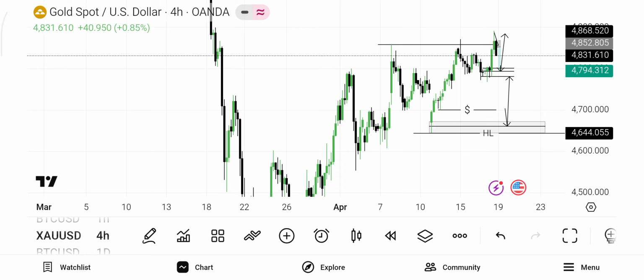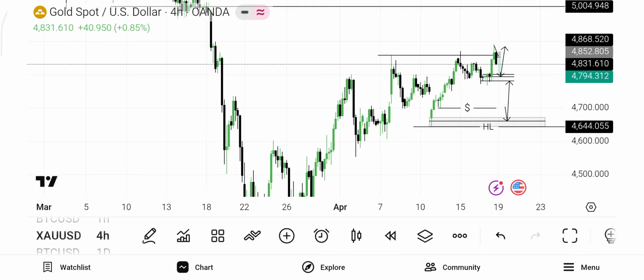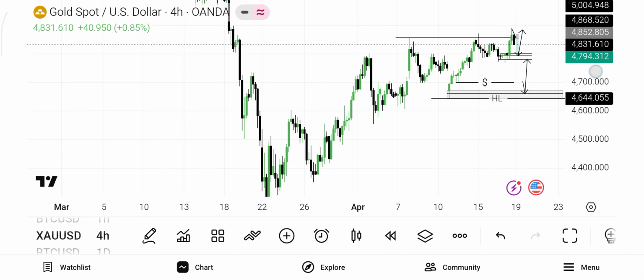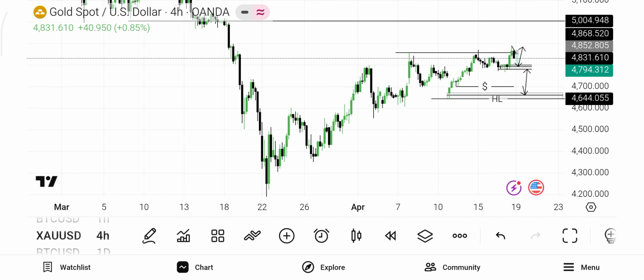I'm just using it as a third pair. I'm trading gold, sometimes BTC. But what you need to know is that as a trader, you should understand what forex is all about and understand what the pair that you are trading is doing.